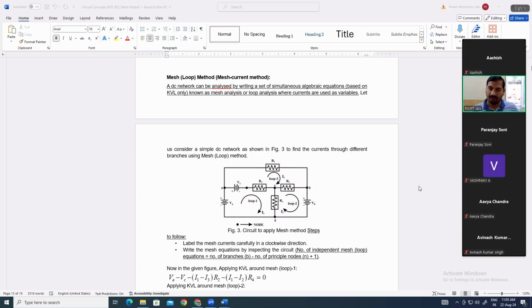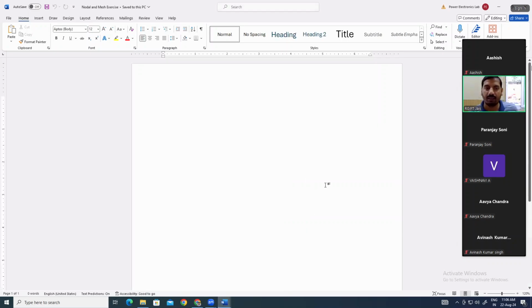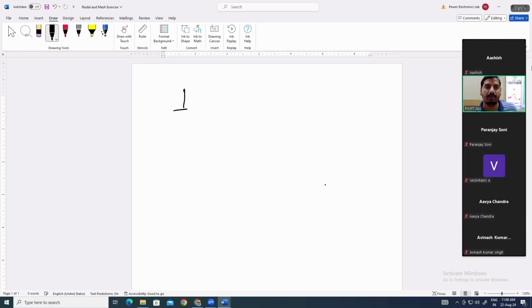For example, consider a circuit where there is a voltage source, there is a resistance, here also there is a resistance, this is also a resistance, and here the network is open.